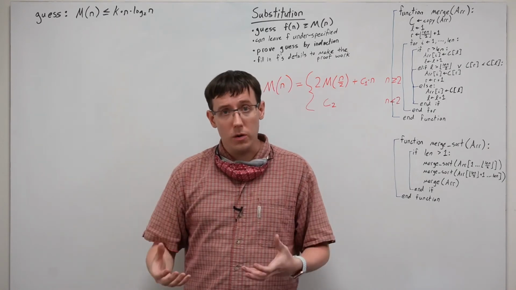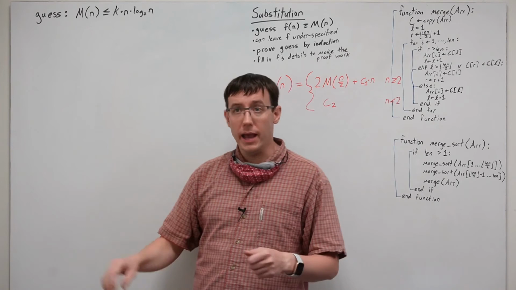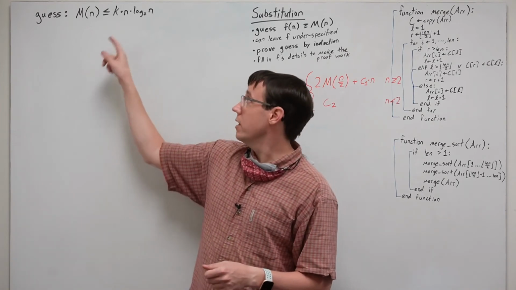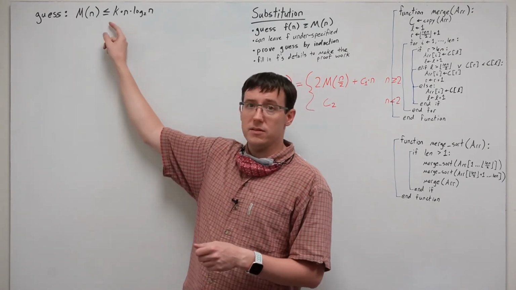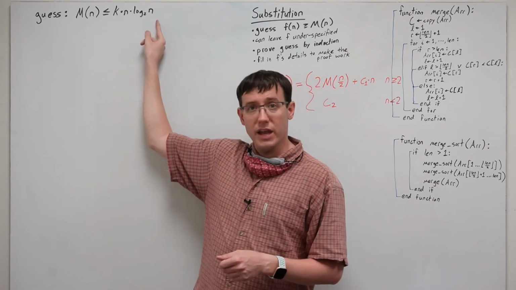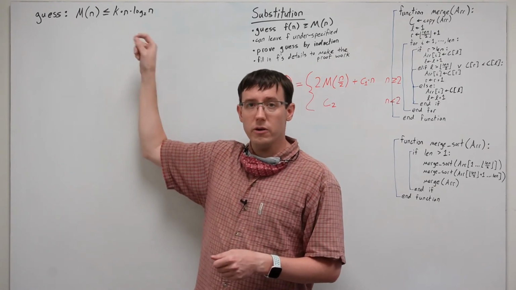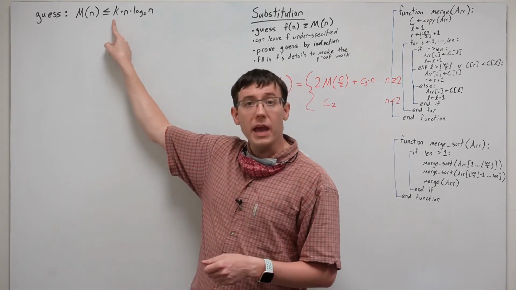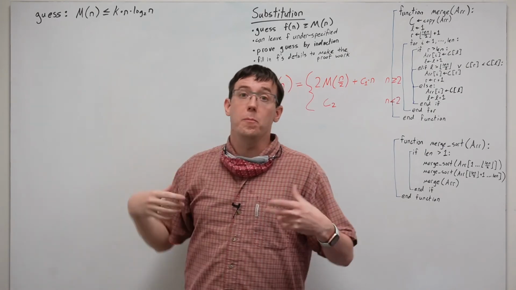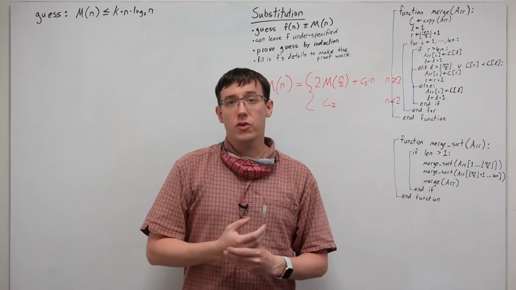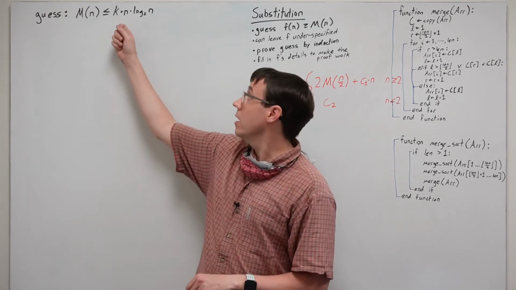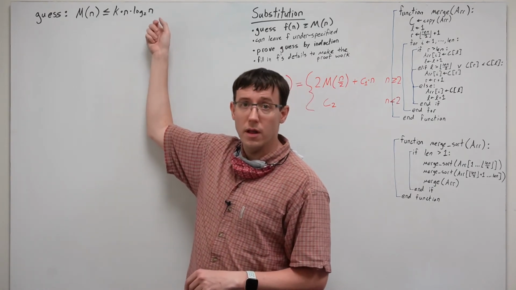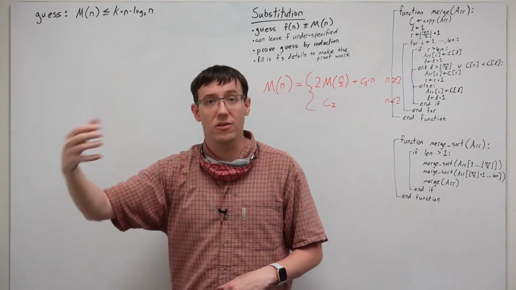And in the course of constructing an inductive proof that m is less than k times n log n, we will figure out what value of k we can pick that will make the proof work out. And so in the end, we will have a more specific function that we have proven upper bounds m.